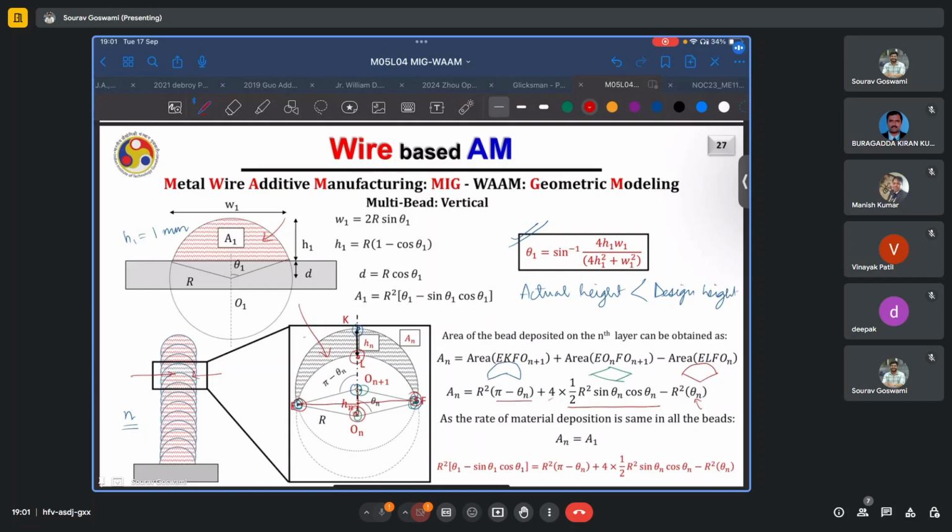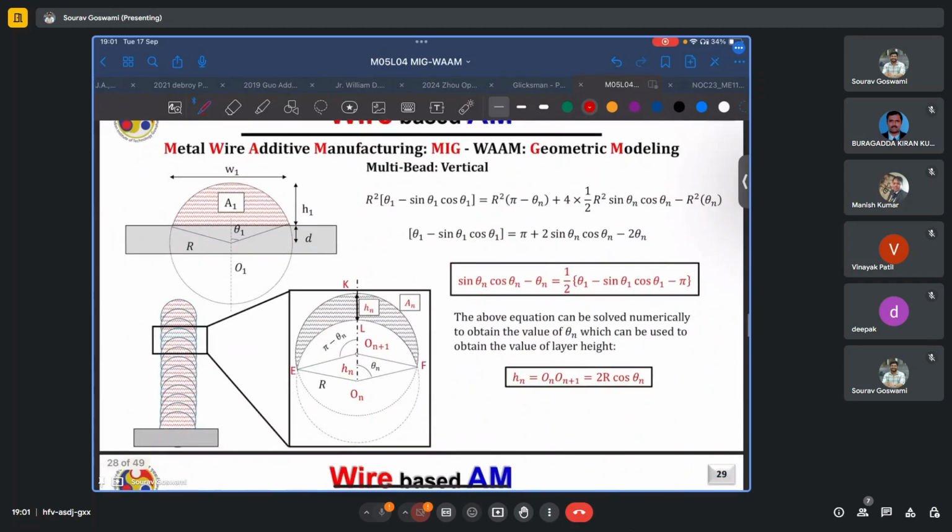So in a cross section, the area occupied by the bead should also be the same, given that we are scanning the same length. So this area An would in fact be equal to the area of the first bead A1. And we equate these two expressions.